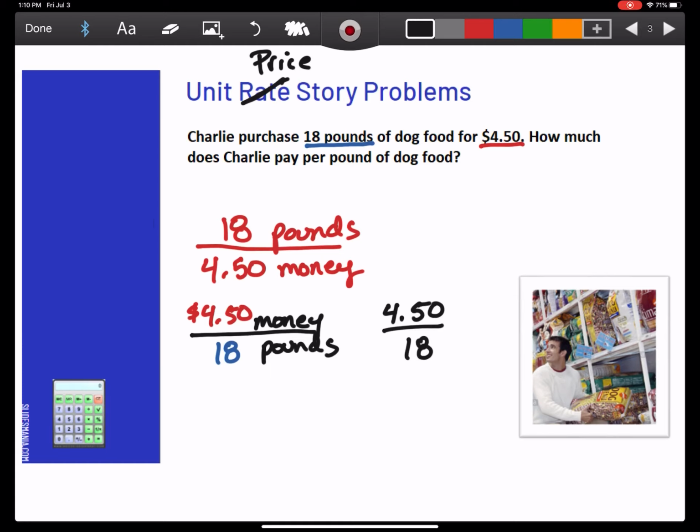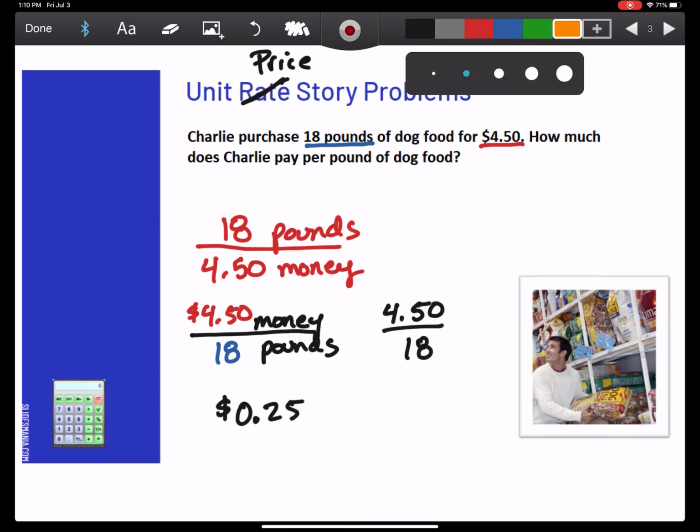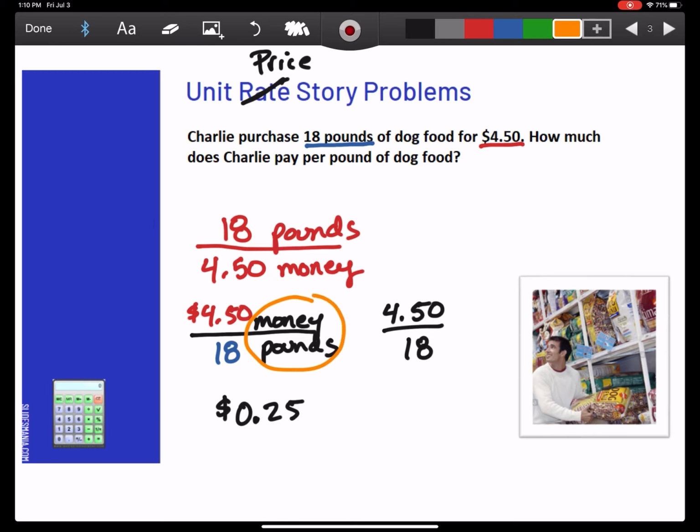When you do that, you'll see that you get the answer 0.25. Now, since we are talking about money, we need to have our money sign. And that essentially means that we have 25 cents. Now we have to finish our answer. And to do that, we need to look at our units.